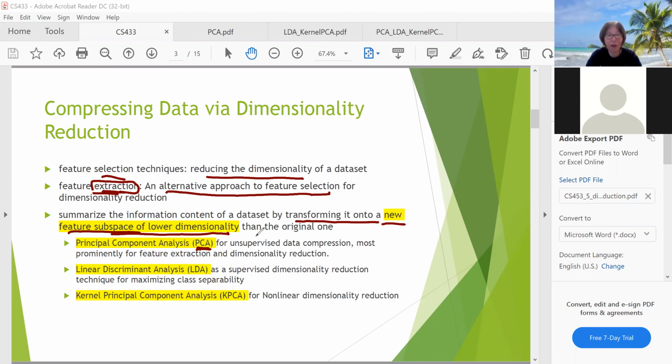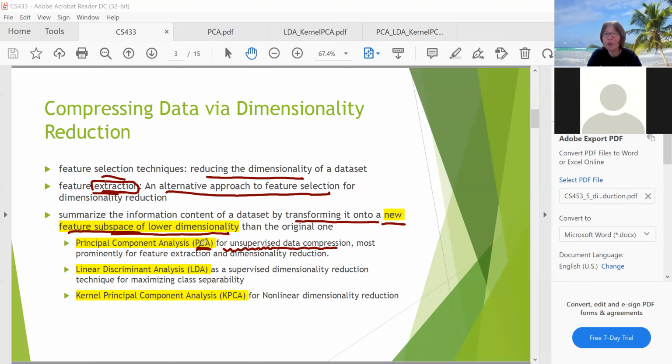Also for PCA, keep this in mind, it's for unsupervised data compression. It doesn't mean the data must be classified or already tagged. It's unsupervised, and used most prominently for feature extraction and dimensionality reduction.